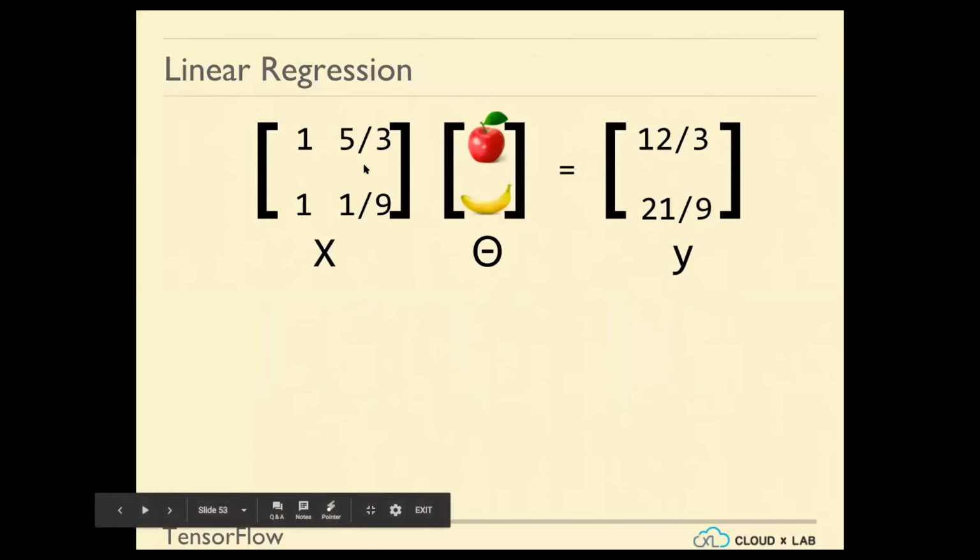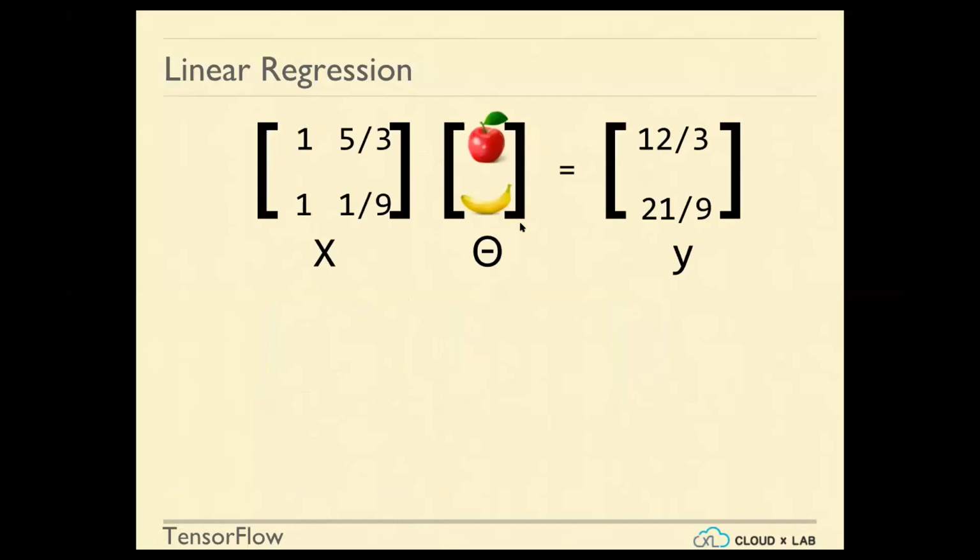In machine learning, we call this capital X, and these are called thetas, because those are the things we are trying to find the value for. We're going to approximate these values of thetas. And the right hand side is called small y. This is theta, this is capital X, this is y, right?